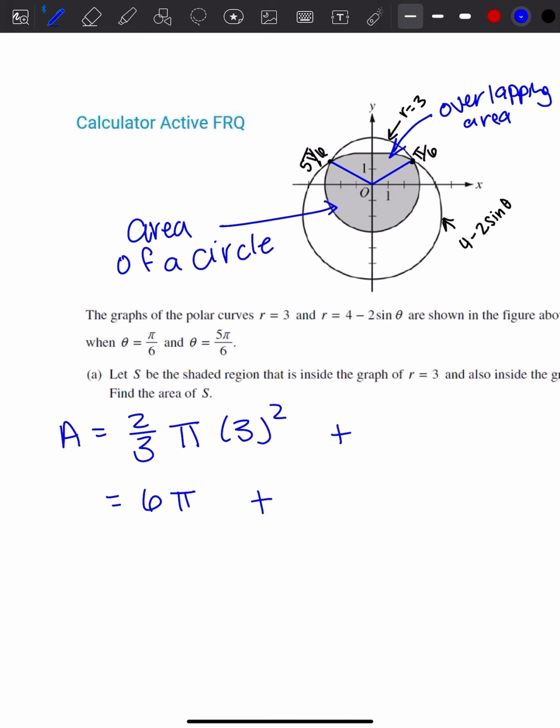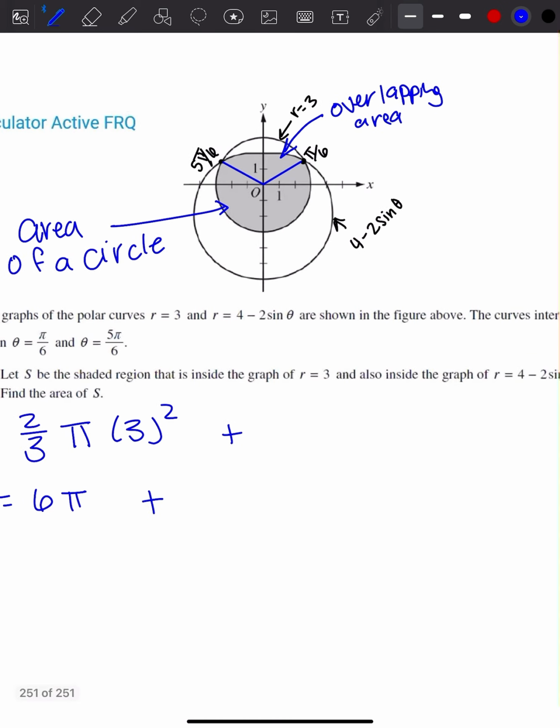So now what we need to do is figure out the area of this other piece. Well, we know we need 1/2 the area of a sector. We know that we're starting at pi over 6 and we're ending at 5 pi over 6, and we need to know what equation we're dealing with. The nice thing here is that we don't really need to worry about the area between these two curves.